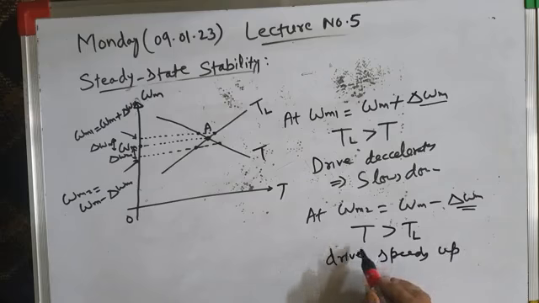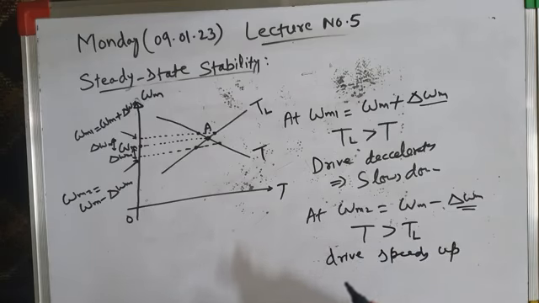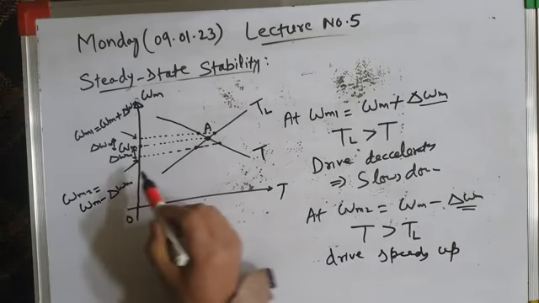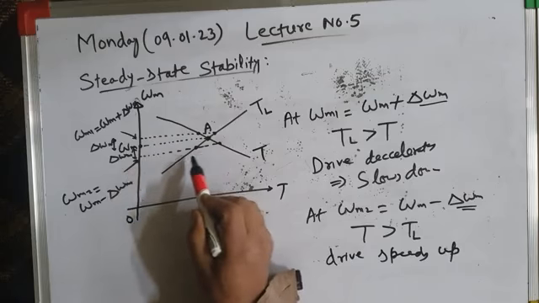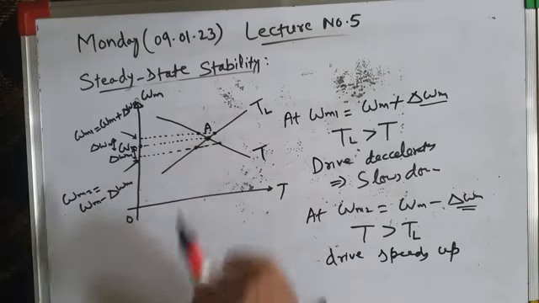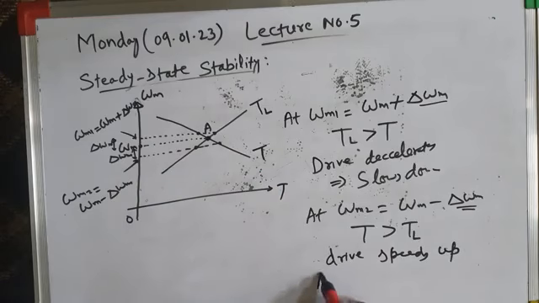Since the motor is developing more torque than the load torque required, it causes acceleration of the drive. It had originally slowed down, so it will speed up and go back to its original operating point. So original operating point A is restored again. So in both cases, whether there is an increment or decrement in speed due to some perturbation, the original operating point is restored.